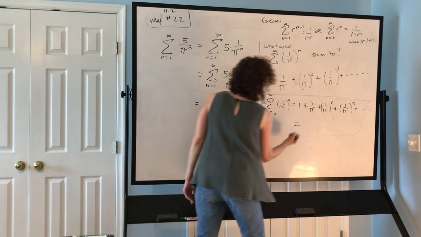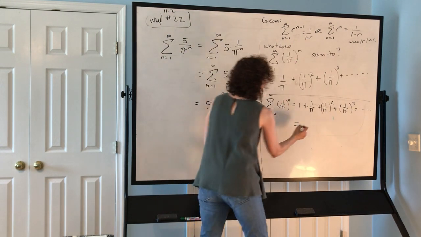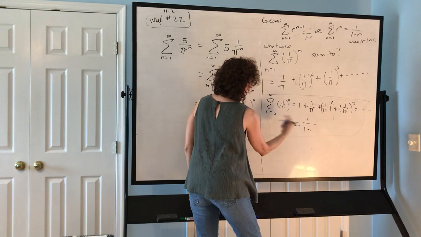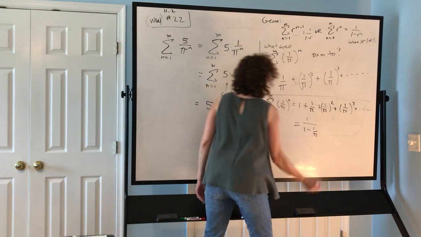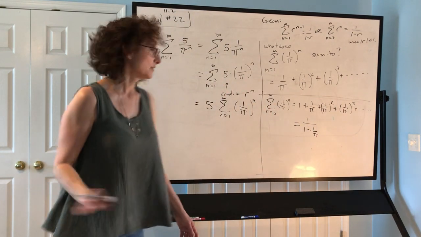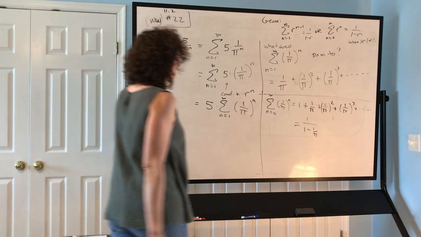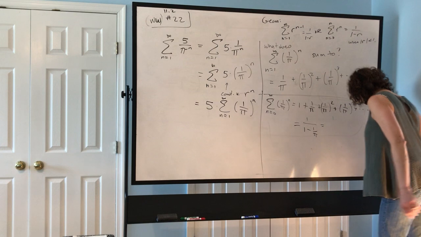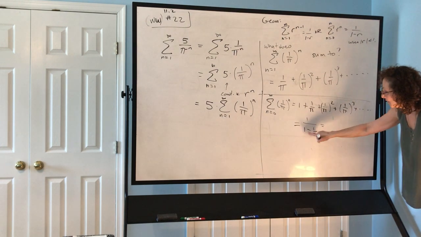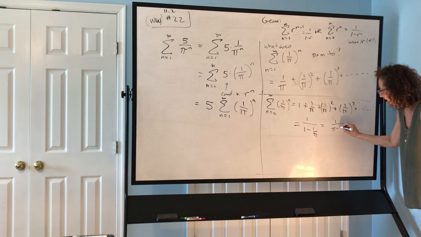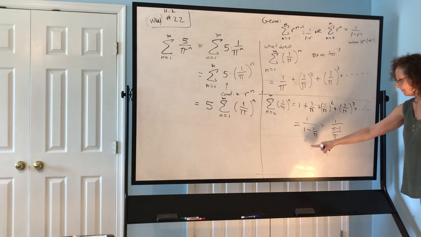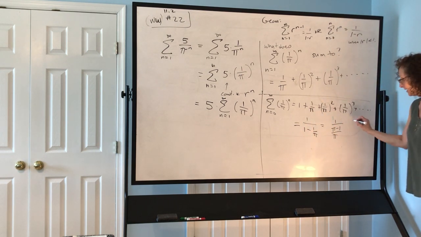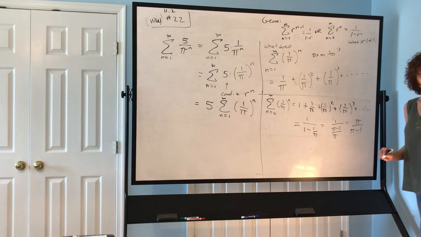Well, that's that same form, 1 over 1 minus r. What is r? 1 over pi. So 1 over 1 minus 1 over pi, which we could simplify if we want. That's 1 over pi minus 1 over pi, which is pi over pi minus 1, just for a little fraction fun.